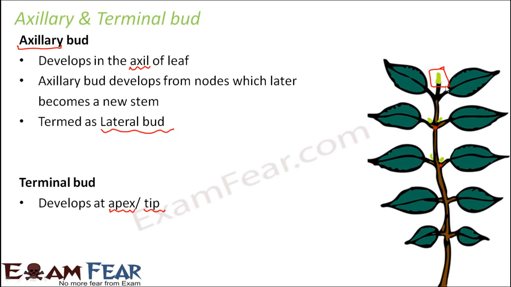But this is the apex of the stem. So that is why terminal bud is also known as apical bud because it is present at the apex of the stem. Now, whenever we use these terms, axillary buds and terminal buds, you should not get confused. And that is why it is a kind of prerequisite to understand this chapter. So that whenever I use these terms, you are clear with what they are.